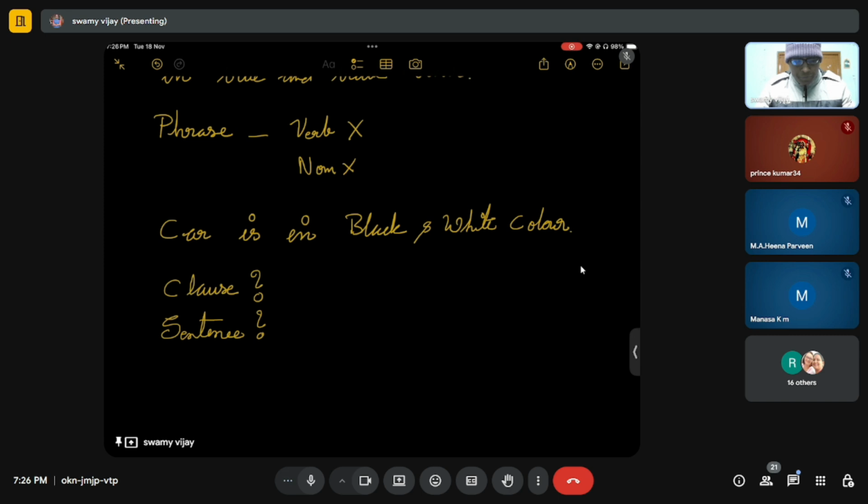So the definitions are: a sentence is a group of words which has a complete meaning and sense; a clause is a group of words, part of a sentence, which has a subject and a verb.